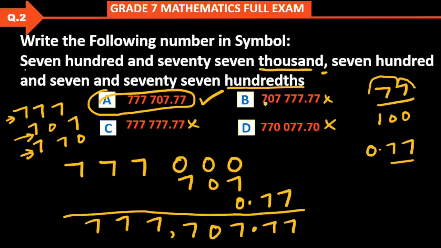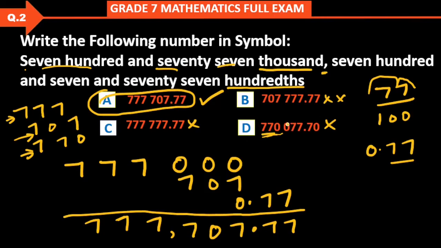For instance, this one is 707. You see, this one is 707. But what we have here is 777. Therefore, that is what makes it not to be an option. And for this one, what is the mistake with this one? You see, this one is 770. This is read as 770,000, but this one is 777.